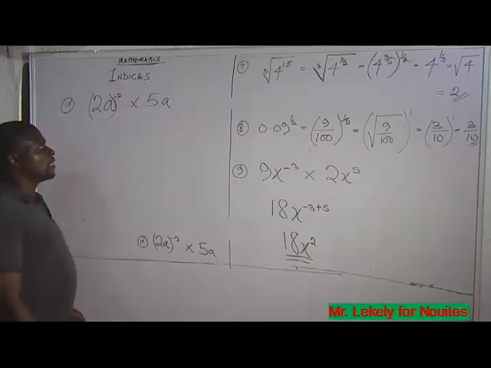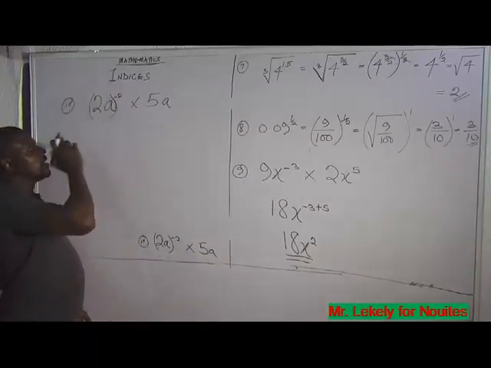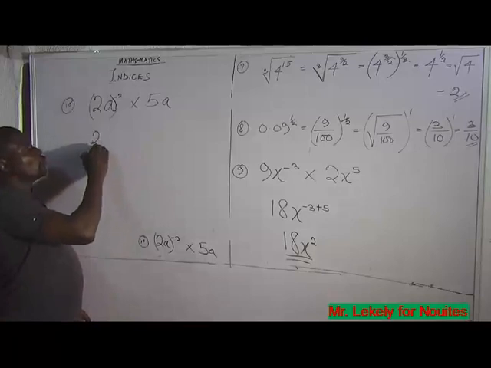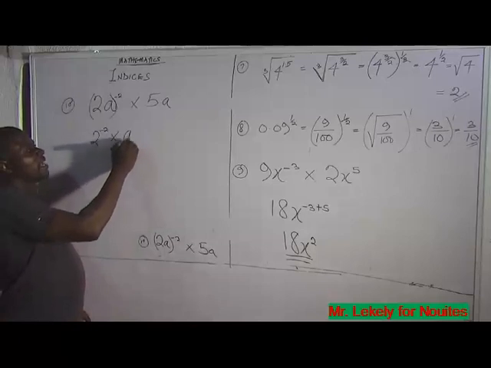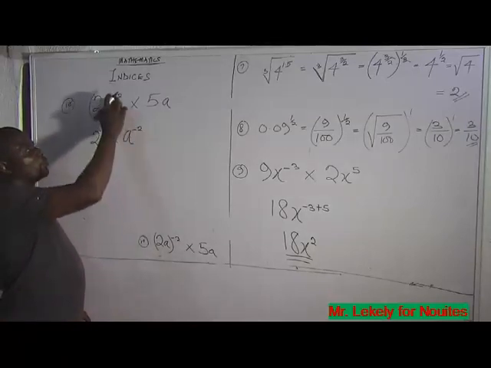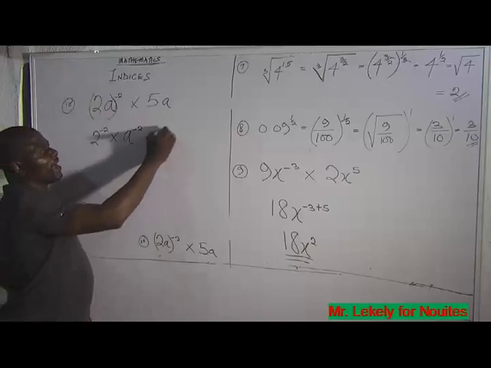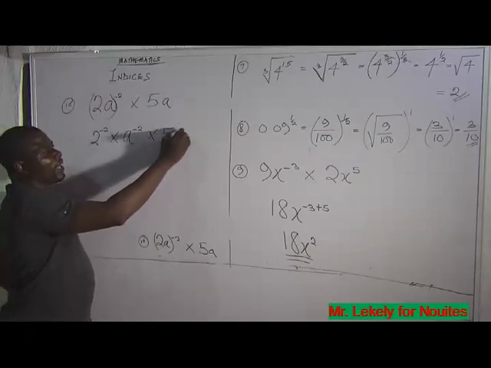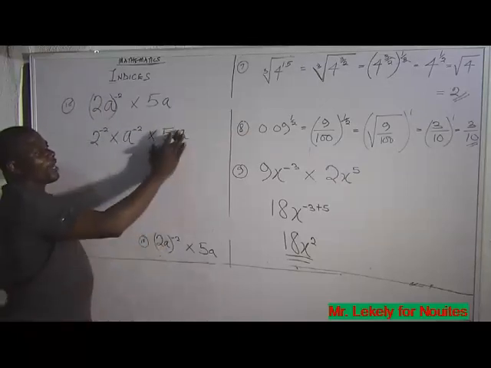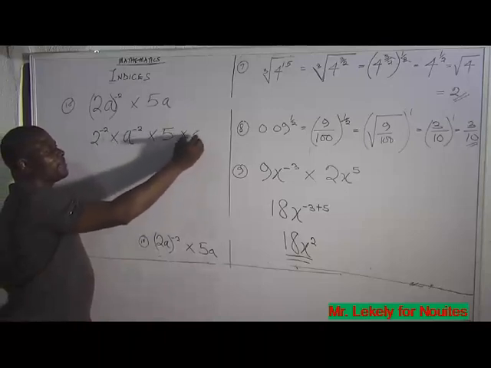So in this one now, this is as good as saying 2 raised to power minus 2 times a raised to power minus 2. You are giving this minus 2 to both of them. Then times 5a. Or I can write it as times 5 times a.